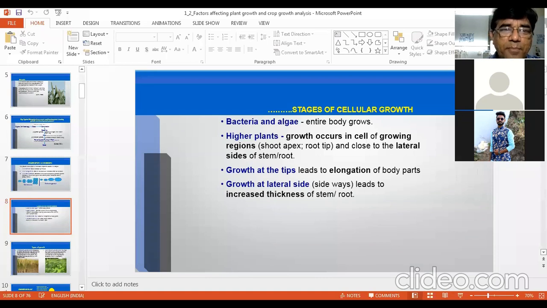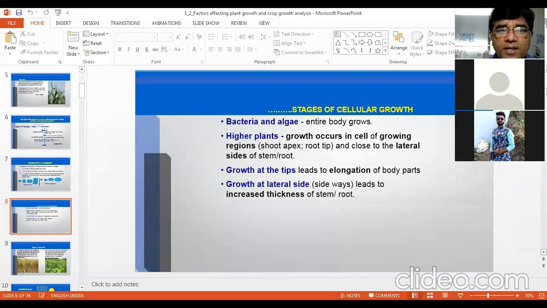It is mostly in apical regions where growing tissues are there, maybe shoot apex or root tip, and close to the lateral sides of the stem or root. So lateral growth also occurs, and growth at the tips leads to elongation of the body parts, particularly increase in height.